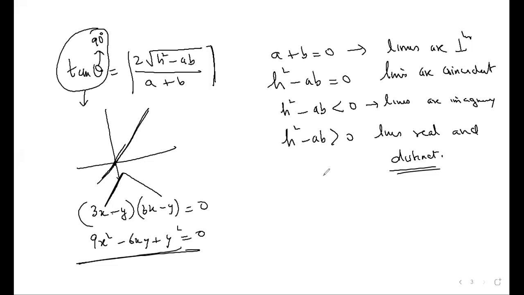Then the next point, a very common question. They will give you this combined equation of two lines. This is the question which is repeated at least 10 times in the last 10 years. What is the combined equation of the lines which are perpendicular to it?